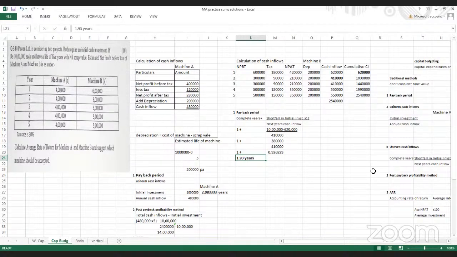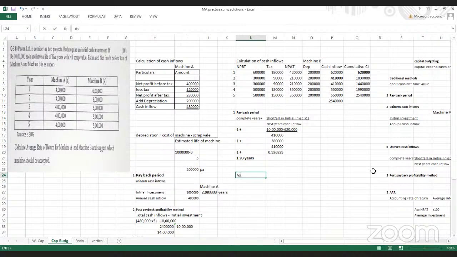Machine B is paying you your capital back in only 1.93 years, whereas machine A is taking more than 2 years, 2.08 years. You have to write this statement after comparing payback period of these two machines. Okay.